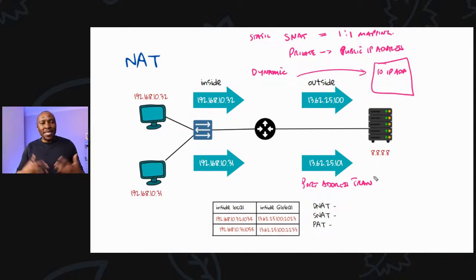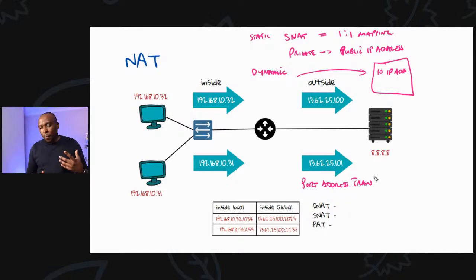And PAT is the reason why we have not run out of IPv4 addresses, because organizations with 500 users in the back can use one IP address to take them to the internet, and that IP address would basically be sufficient. So how does PAT achieve the task of taking 500 users onto the internet?